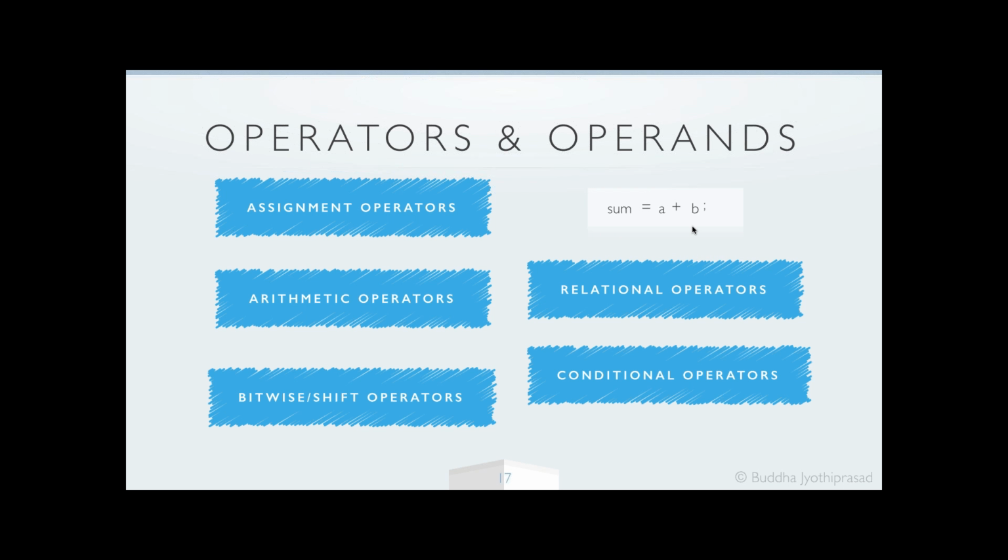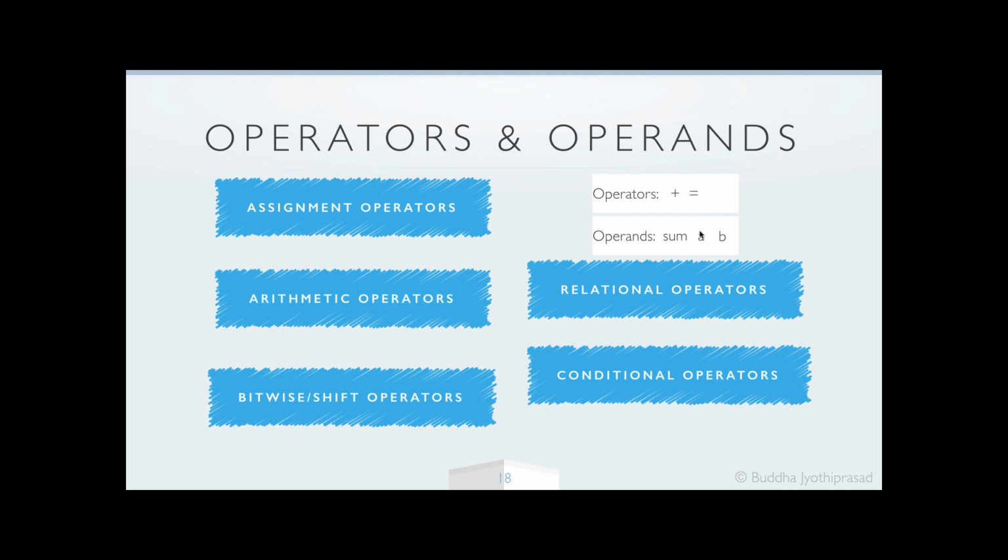So in this statement, sum equals a plus b, the plus and equals to are operators. Plus will add two numbers, and equals to will copy the value from one variable and place it in another variable. The operands are sum, a and b, so operations are happening on these three.